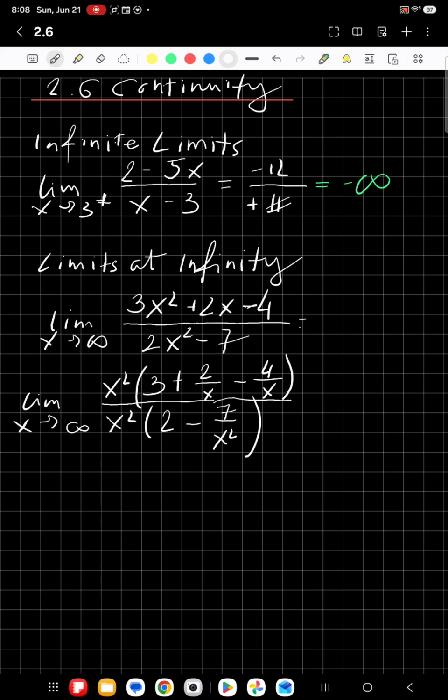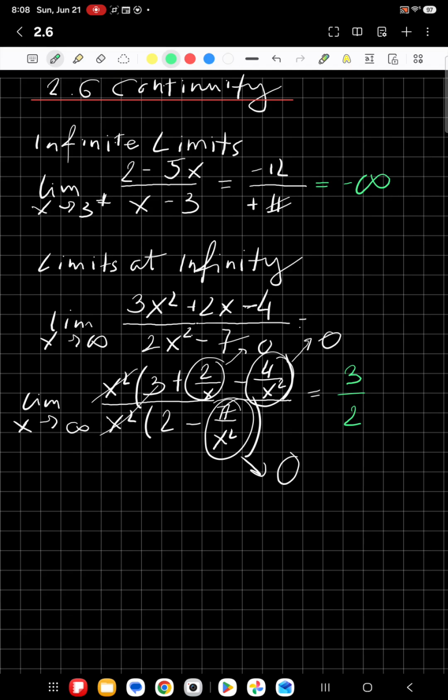All right, so since x is approaching infinity, this will go to 0. This approaches 0 as well. This approaches 0. So we get 3 over 2, right? And here these x squared cancel out. So the answer is 3 over 2. Right? So that's the limit. Okay, so that was the second thing.